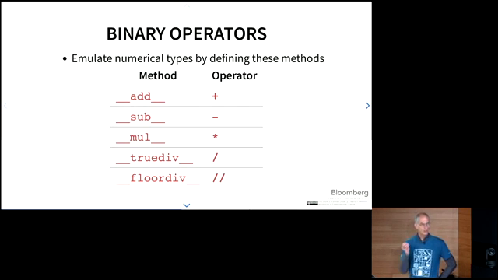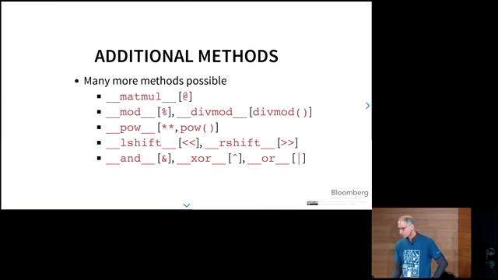And those dispatch to Dunder add, Dunder sub, Dunder mul, Dunder truediv, which is true division, versus Dunder floordiv, which is basically the integer style division. There's a bunch more methods that are available if you really want to go and implement a fully functional numerical type. There's matrix multiply, mod, divmod, pow, left shift, right shift, and the bitwise and, XOR, and OR.